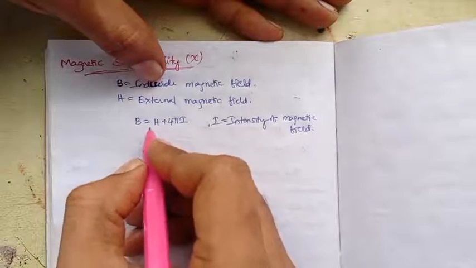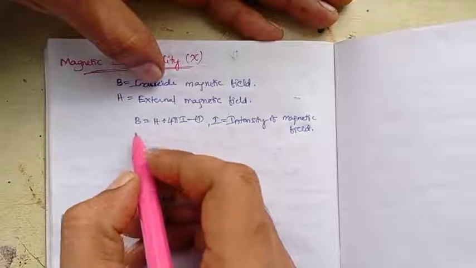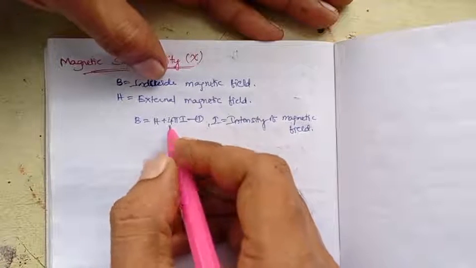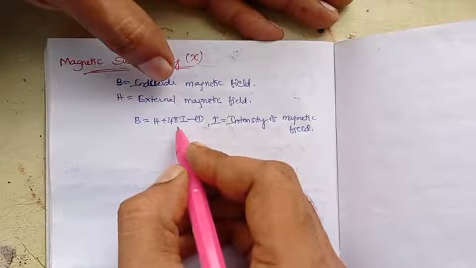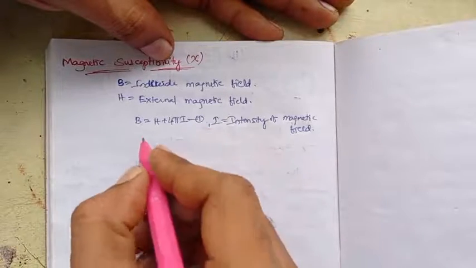So from this equation number 1, B, the induced magnetic field, is equal to the external magnetic field, in addition to 4 pi into the intensity of magnetization, right?